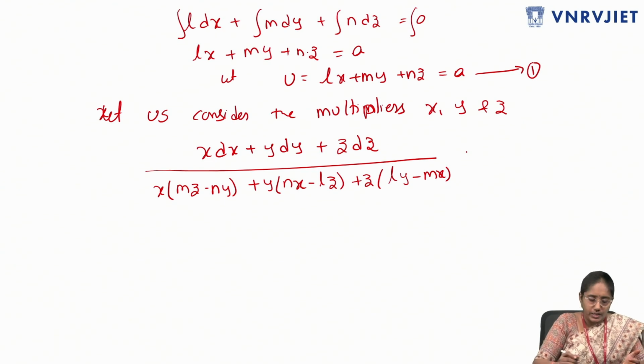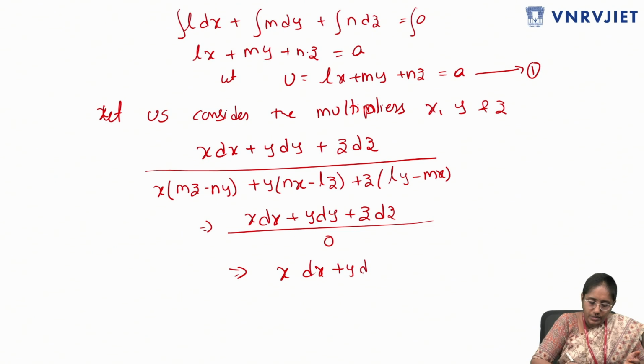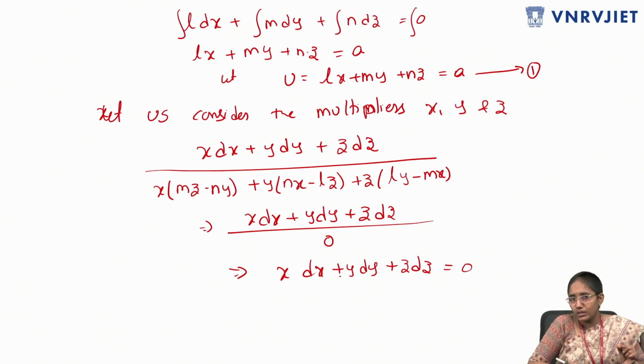Now just simplify, we get x dx plus y dy plus z dz by the denominator, which is going to be 0. Then we consider x dx plus y dy plus z dz is equal to 0. Then integrating on both sides. Why? Because we need to observe one more point here.